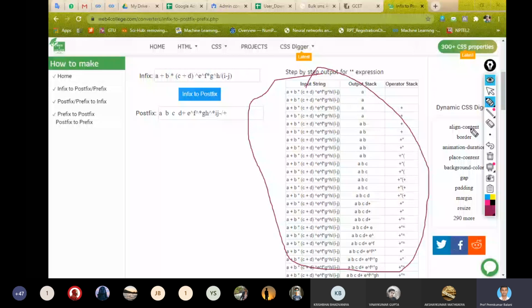So let's check the infix to postfix conversion which we have created.